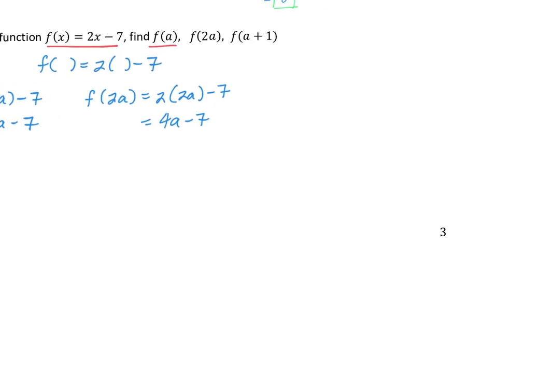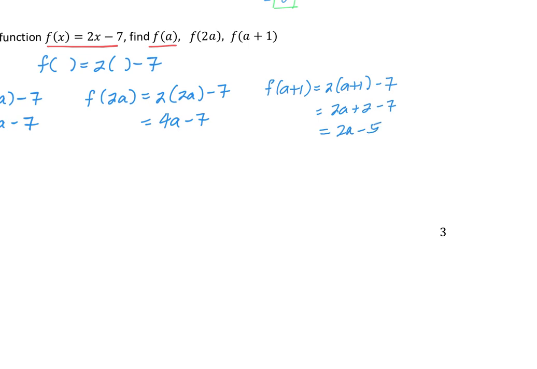And then when we put in a plus 1, we'll have f of a plus 1 is equal to 2 times parentheses a plus 1 minus 7. Distribute the 2 to get 2a plus 2 minus 7, which is 2a minus 5.